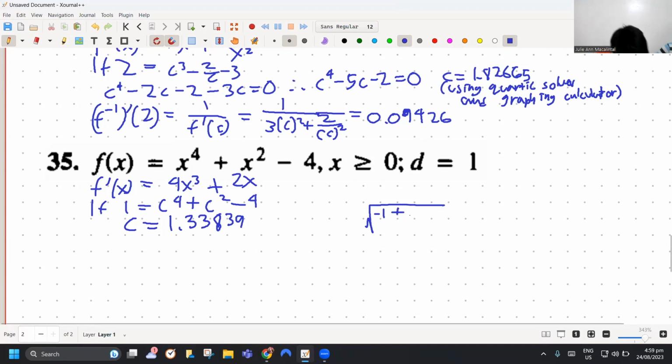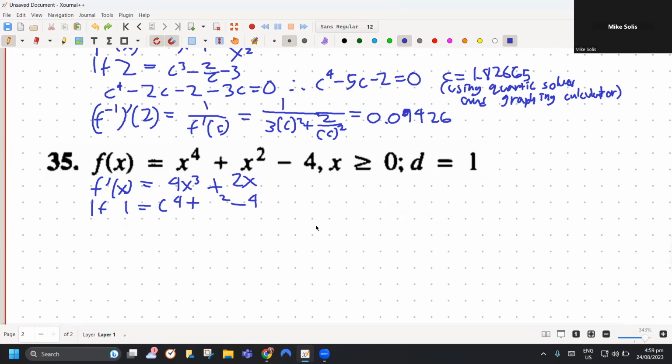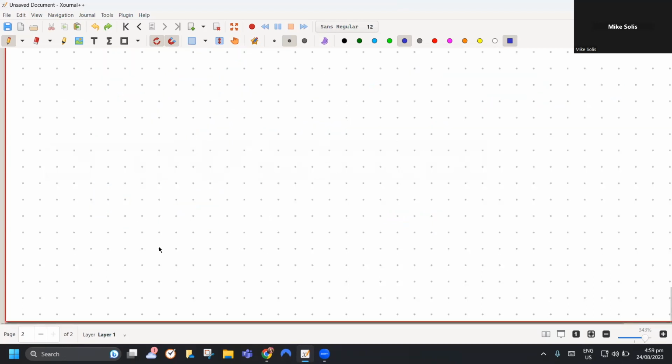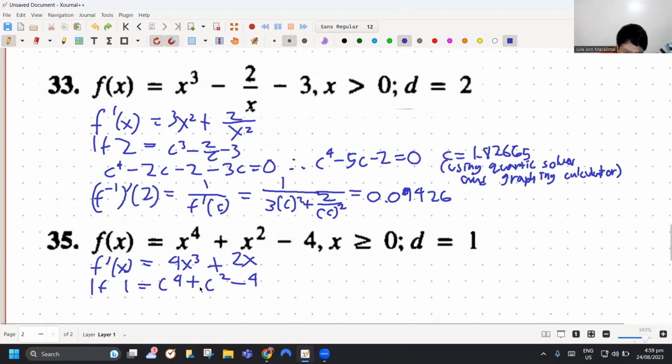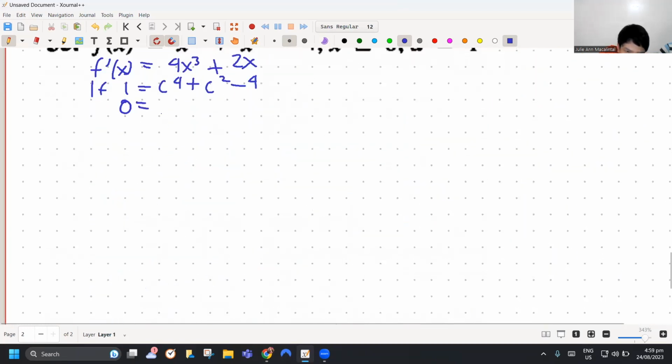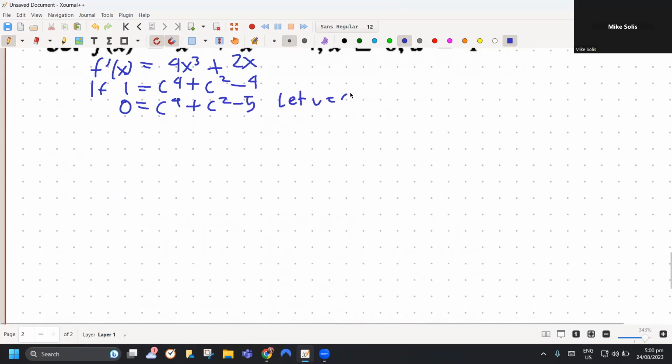So plus. And then, sige, isulat mo yung 0 equals c to the fourth plus c squared. So yung next line, 0 equals c to the fourth. Wala po siya basta. Yan. So 0 equals c to the fourth plus c squared minus 5. Ngayon, c squared equals u.